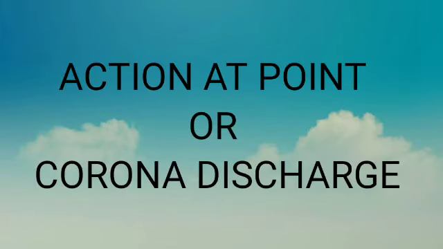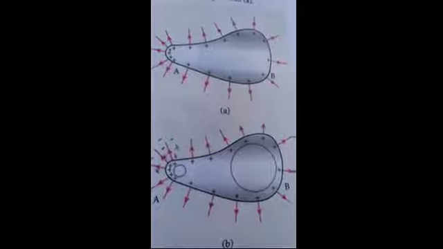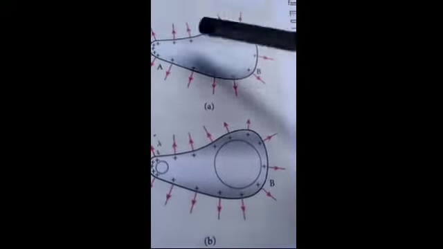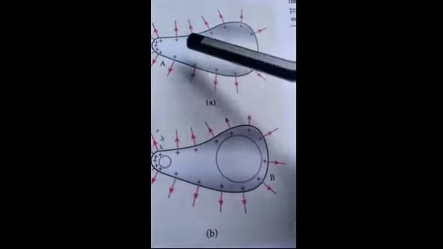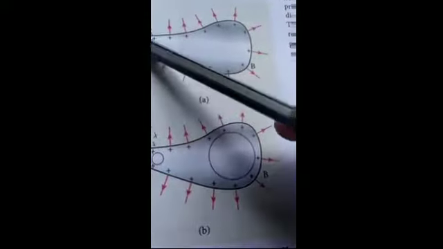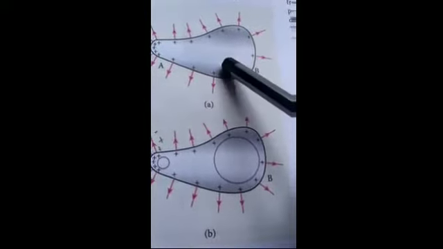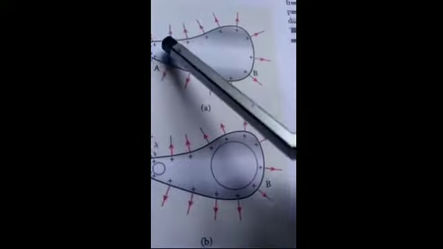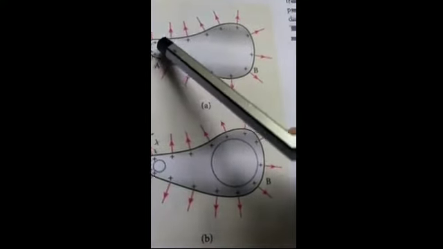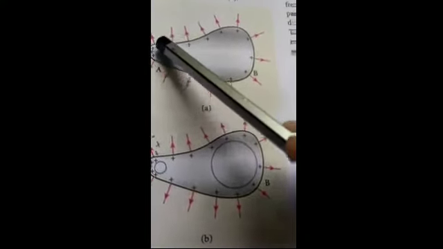The next topic is action at points, or corona discharge. Consider a charged conductor of irregular shape. We know that the smaller the radius of curvature, the larger is the charge density. The end of the conductor which has larger curvature has a large charge accumulation.